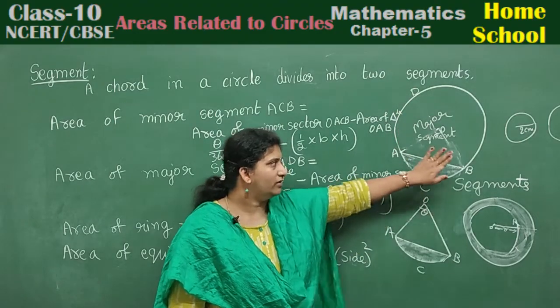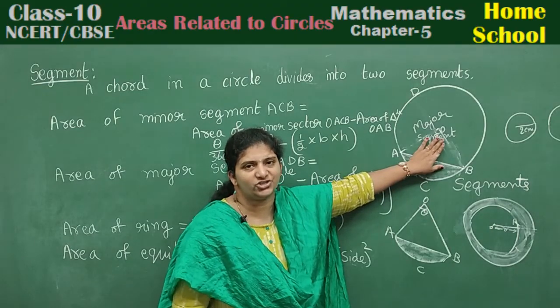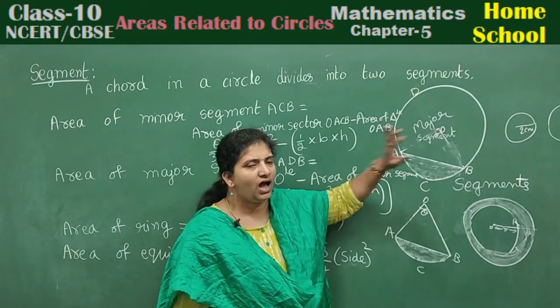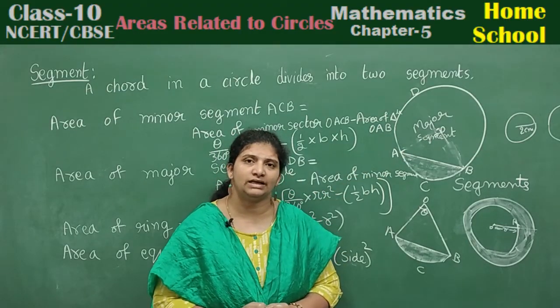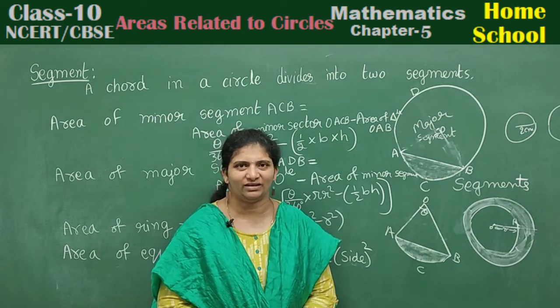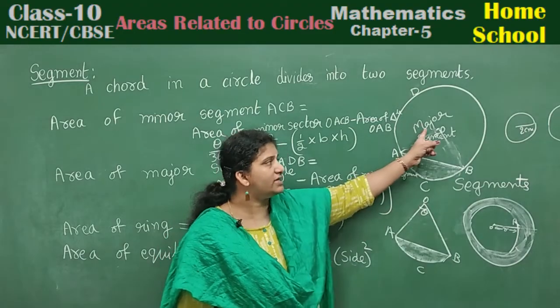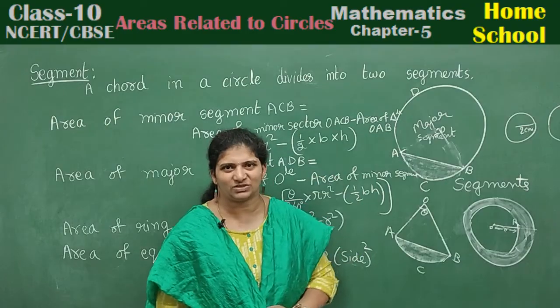And the sector, this area, 2 radii and an arc region, is called a minor sector. How will you calculate minor sector area? Theta by 360 degree into area of a circle, pi r square. Major sector area, 360 degree minus theta by 360 into pi r square.